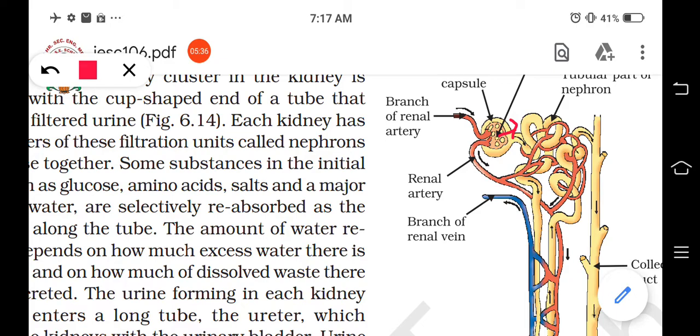You can see here, this is the blood capillary, isn't it? The renal artery enters and then it forms the glomerulus and then it is just surrounding the tubular part. You can see in red color here. So many of the useful components, by simple diffusion, from the tubular part, are getting absorbed into the blood capillary that surrounds the tubular part.